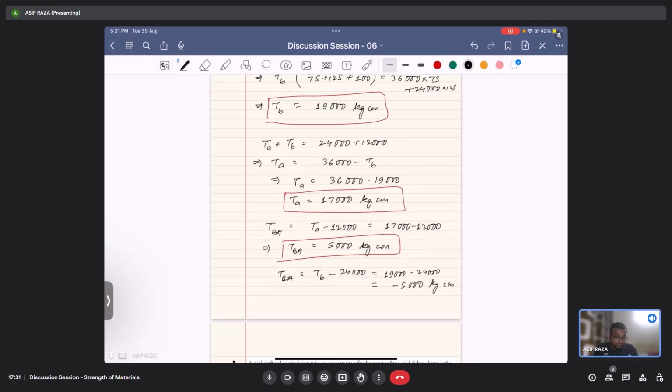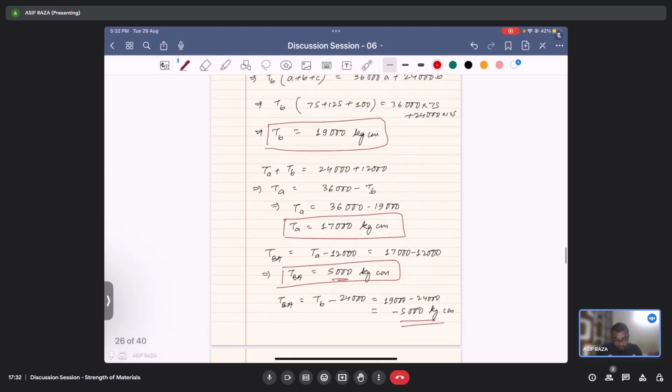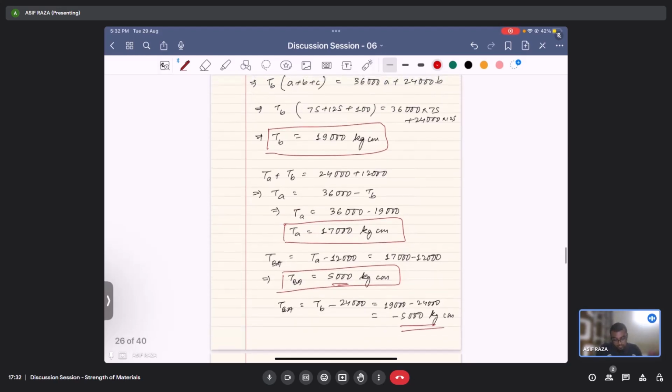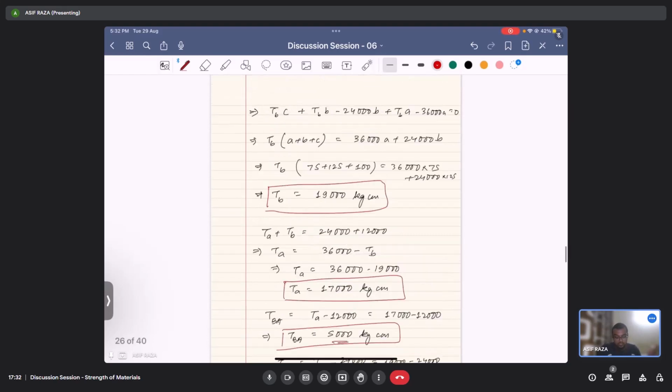So the sign, from the right it would be in some other direction, it would resist in the direction opposite to that from the left. Okay, so let us see this matches. So now we can say portion A it would be 17,000, portion B it would be 5,000, in portion C it would be 19,000.